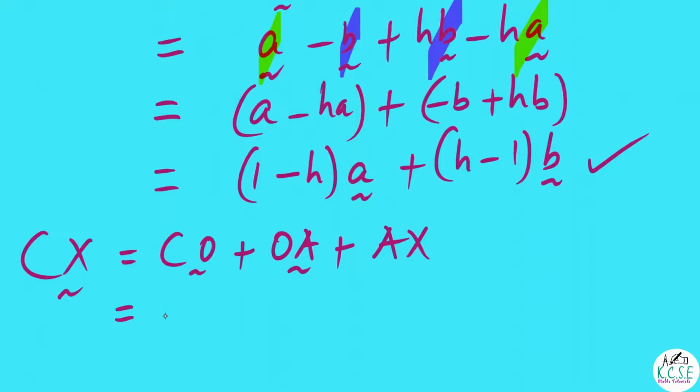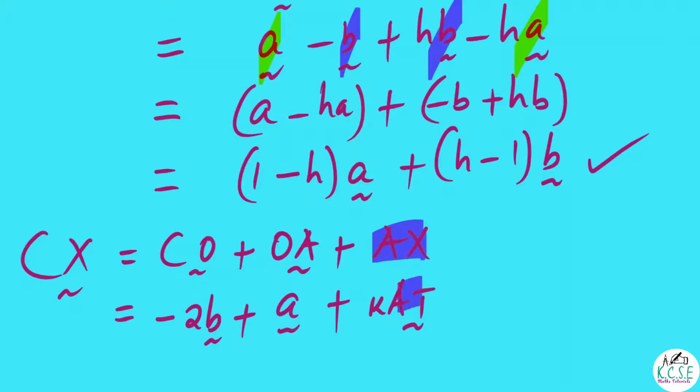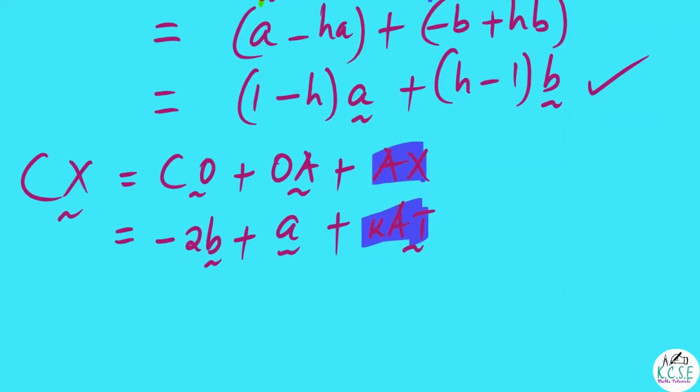CO is given by negative 2B, OA is given by A, then AX is given by KAT. Let me write this one in smaller terms. So scalar KAT. That is how we get this. So that expression is given by AX is equals to KAT.